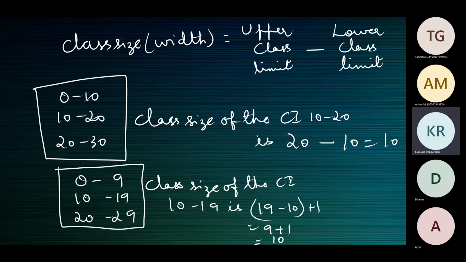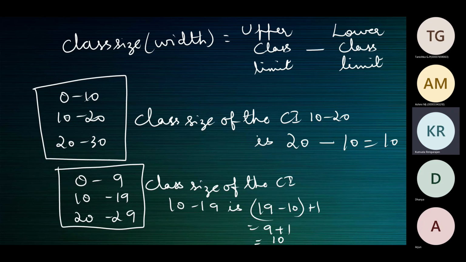If it is continuous, simply subtract. If it is not continuous, then it is the upper class limit minus the lower class limit plus 1. So 9 plus 1, 10.